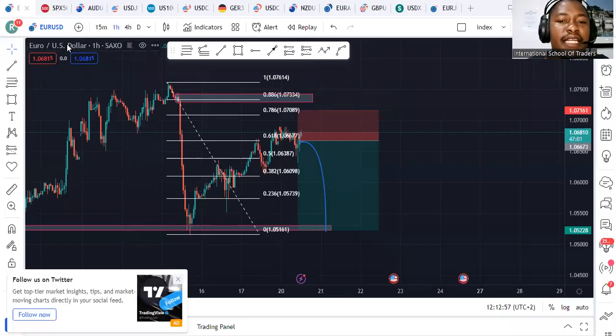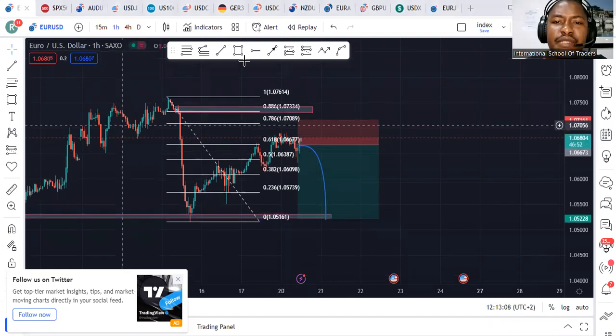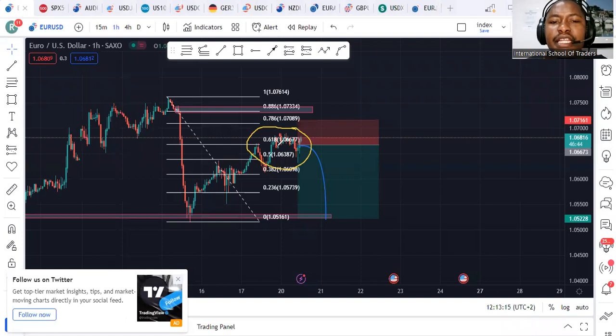So in terms of the ideas, we do have this idea on Euro USD, where we're seeing markets coming to a very important point, which is the 61.8 retracement. This is a very nice point on market level where we want to see the market making a strong decision to go down or towards the top side.